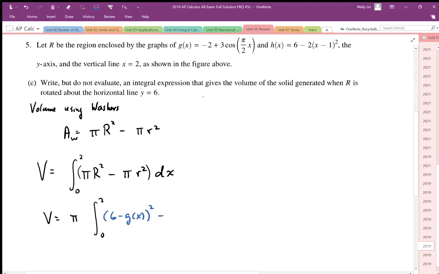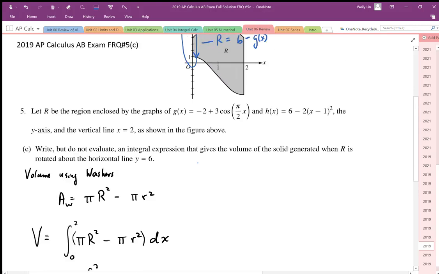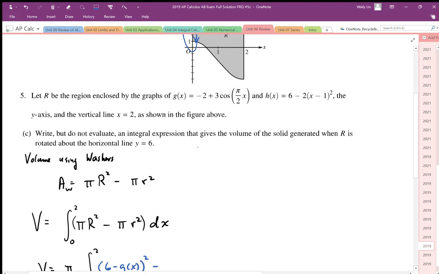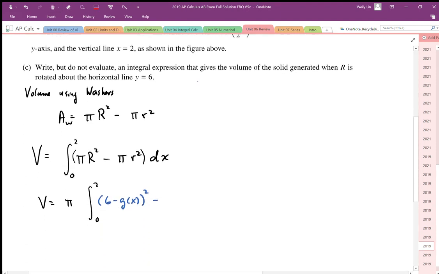And then we're going to subtract the smaller radius, which is going to be 6 minus h of x. That will give us the washer shape. Square that radius. That's the area of our washers. We give that area some thickness, and we calculate the volume using that integral.